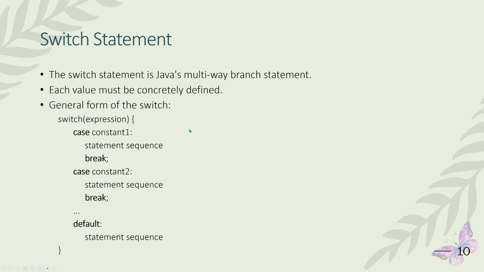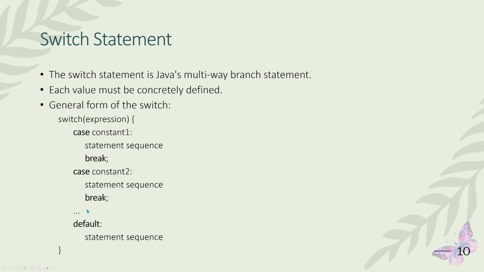The general form of a switch, how you declare it: you put switch, then in parentheses an expression, then case constant 1, then the statement sequence, then break, then case constant 2, statement sequence, again break.